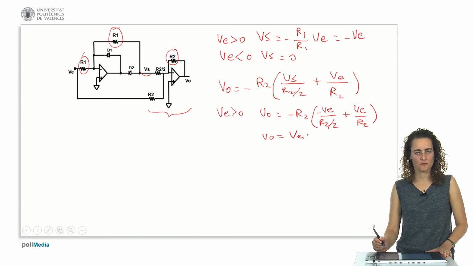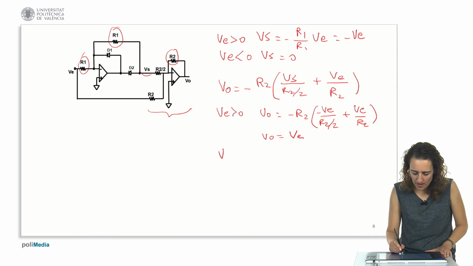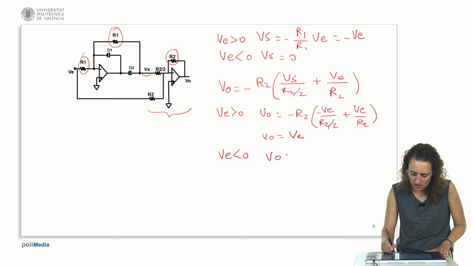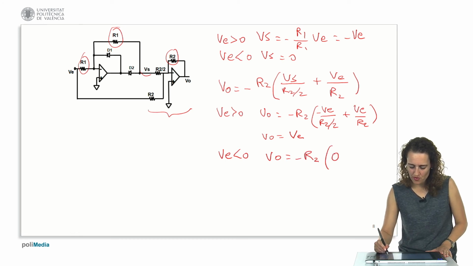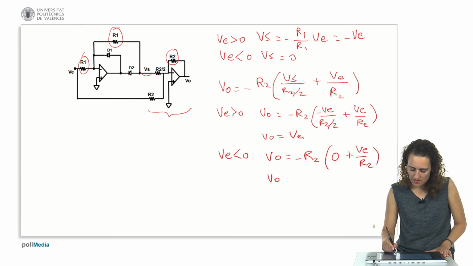Simplifying this equation. And what happens when VE is negative? When VE is negative, VO is going to be minus R2 times Vs, which is 0, plus VE over R2. That means that in this case, VO is going to be equal to minus VE.